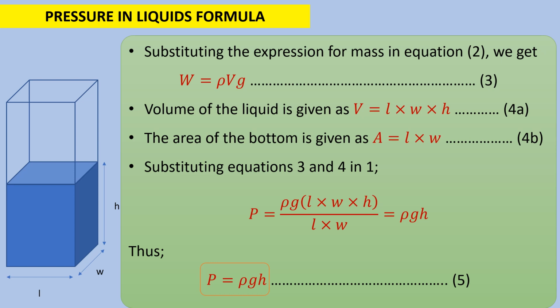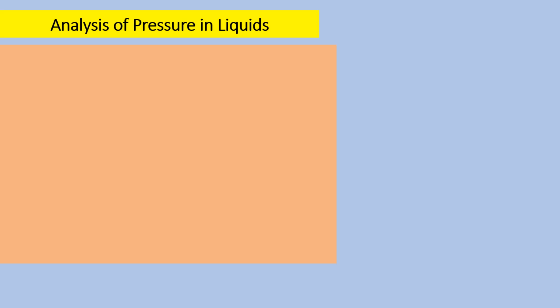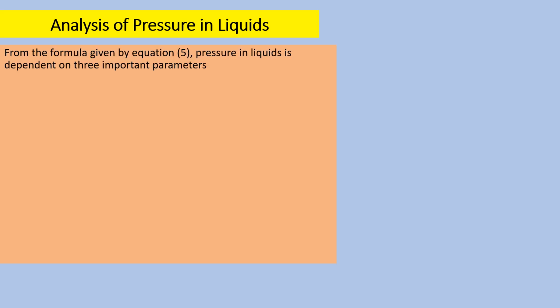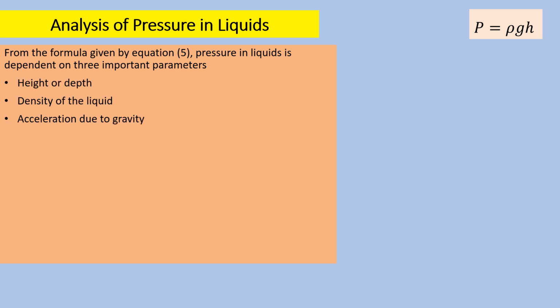Now let us look at a few other things pertaining to the effect of height on the pressure and also the density. To analyze the pressure in liquids, from the formula which we have derived in the other slide, pressure in liquids depends on three important parameters. If we refer to the equation pressure equals rho gh, those parameters are density, height, and acceleration due to gravity.